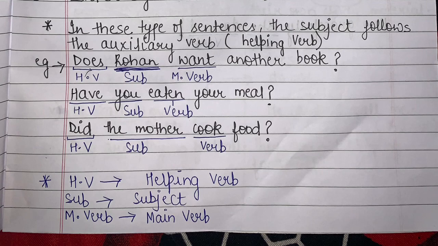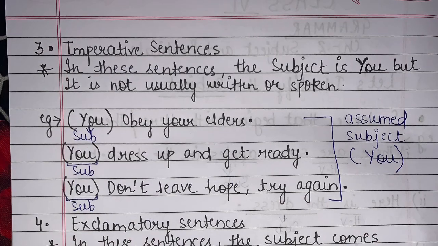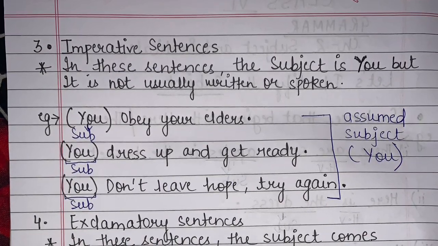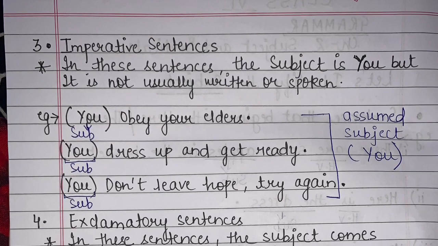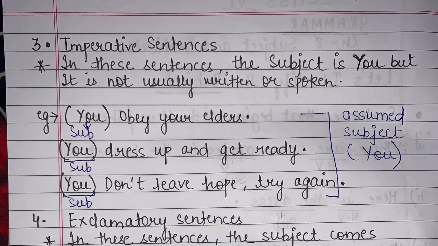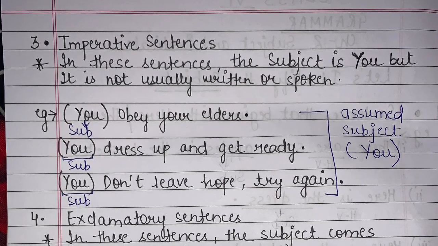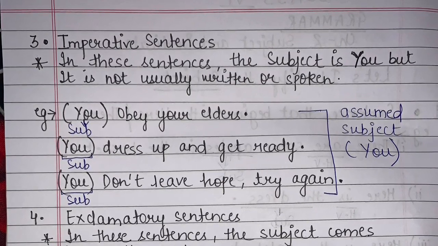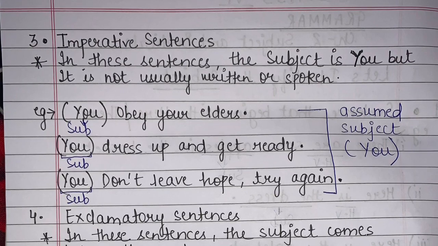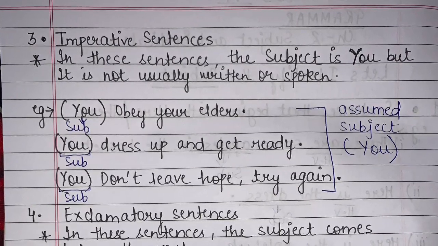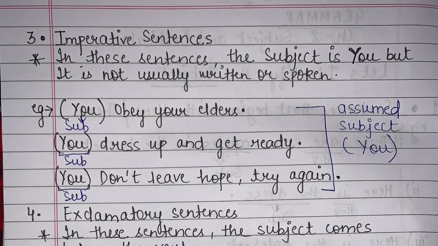Now let's move further. So students, the other type of sentences which we have is imperative sentences. I hope you all remember what an imperative sentence is, right? Imperative sentences are those sentences which are used to show requests, commands, suggestions, orders, etc. So what is the rule for imperative sentences if we have to find out the subject?